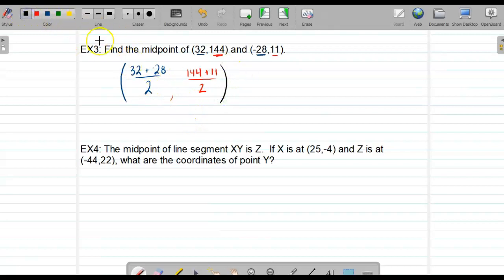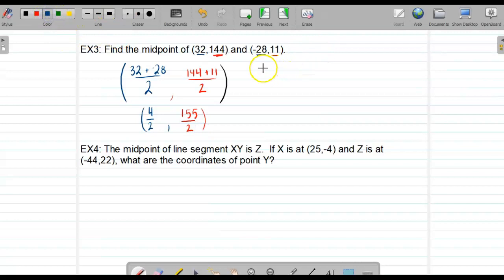Okay. So for our x's, we're going to add those together. 32 plus negative 28 is just going to give us 4 divided by 2. And then 144 plus 11 is going to give us 155 divided by 2.